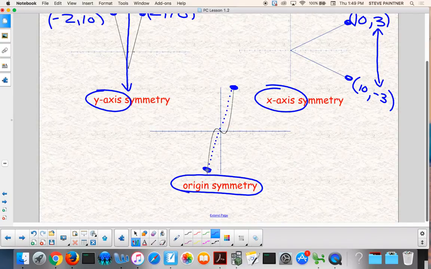So if this point happened to be 1 comma 10, what's this point? Negative 1, negative 10. Yep. So when reflecting through the origin, what happens to the ordered pair? Both are opposite. Whatever x is here, it's going to be negative x here. If this is y, it'll be negative y there. So it's important that you know that, okay?